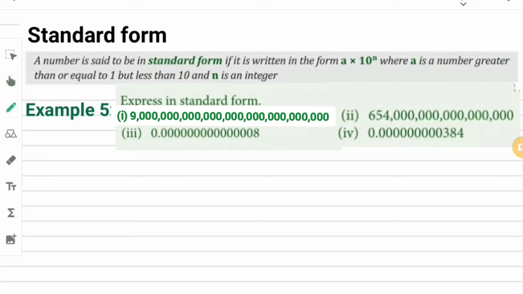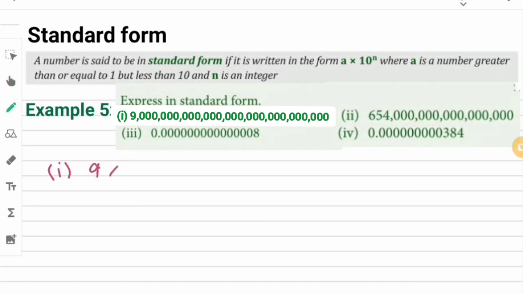Now, in the first subdivision, you just notice that if the decimal is not mentioned, it is at the last. So I'm going to shift the decimal towards the left side. Towards the left side. So you just count the number of zeros over here. Yes, start.